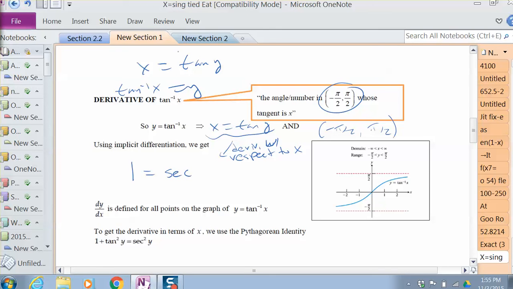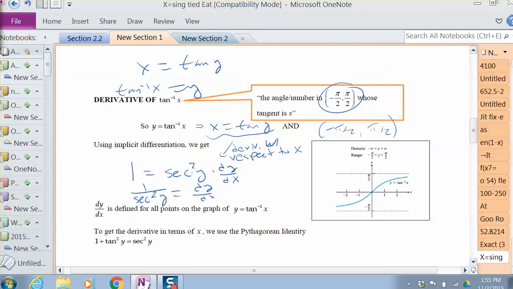So, x equals tan y, take the derivative with respect to x, get 1 equals secant squared y times dy over dx, or dy over dx equals 1 over secant squared y. Okay.